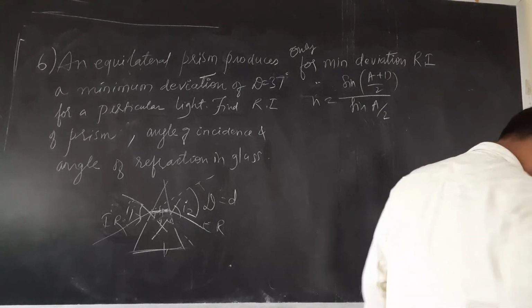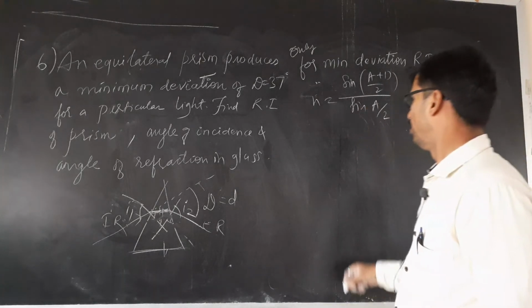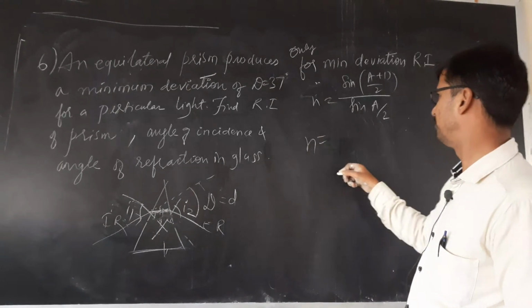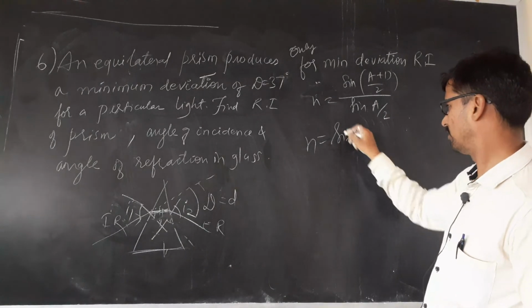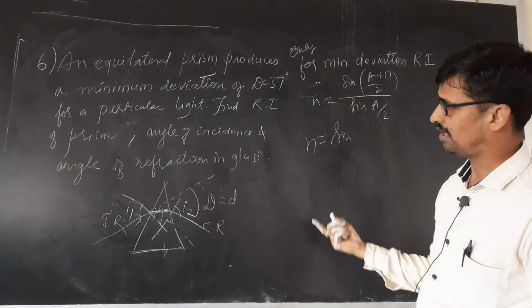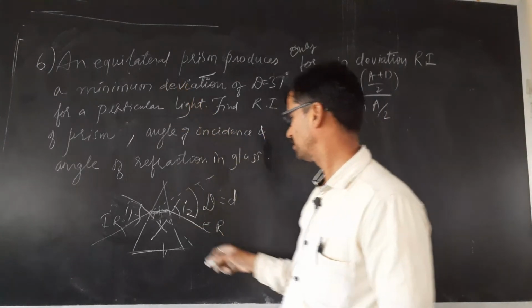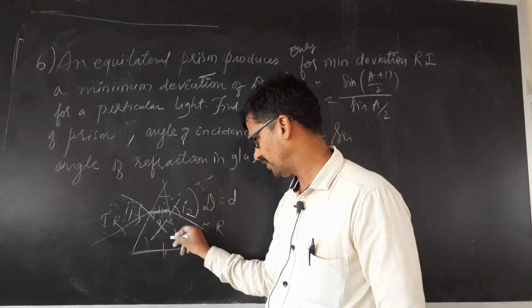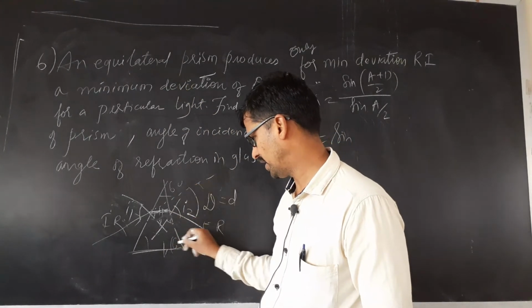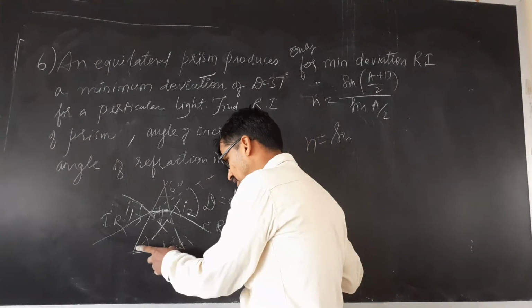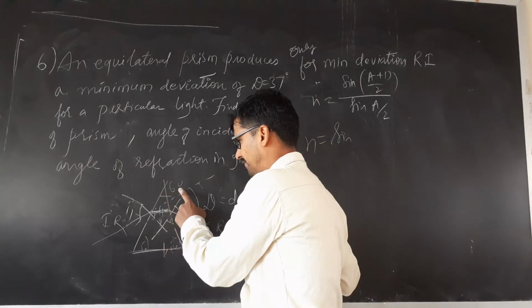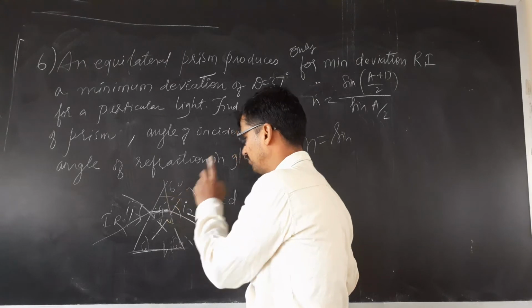This is our formula. What is n to be found? What is angle of the prism? Sir, equilateral prism means all angles will be equal, 60, 60 and 60. We are concerned with refracting angle of the prism or angle of the prism.